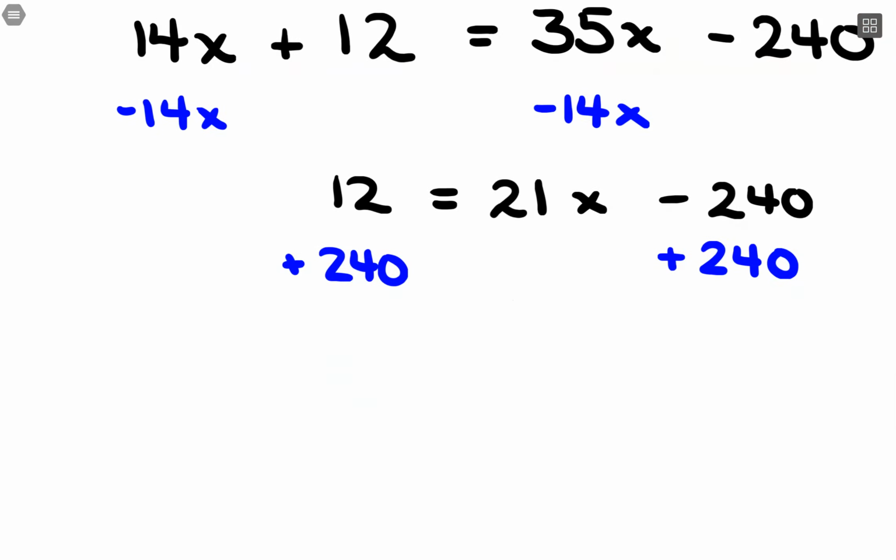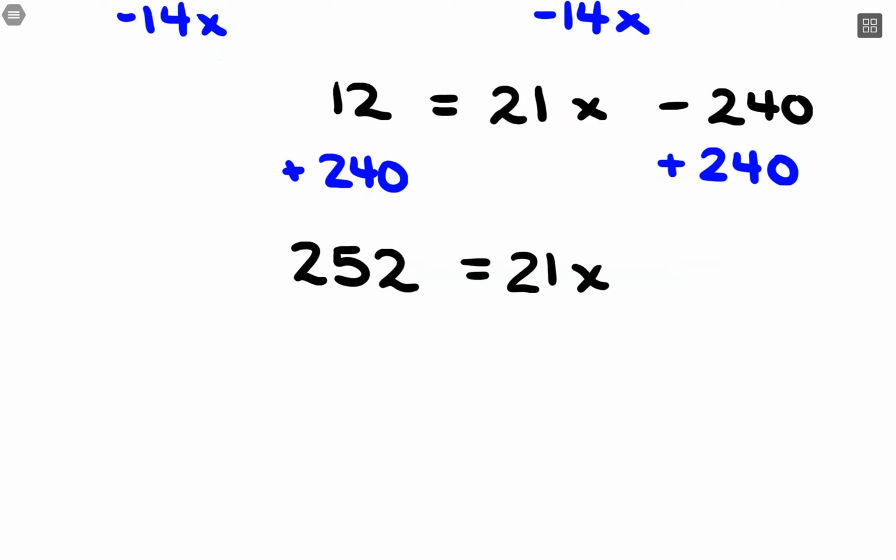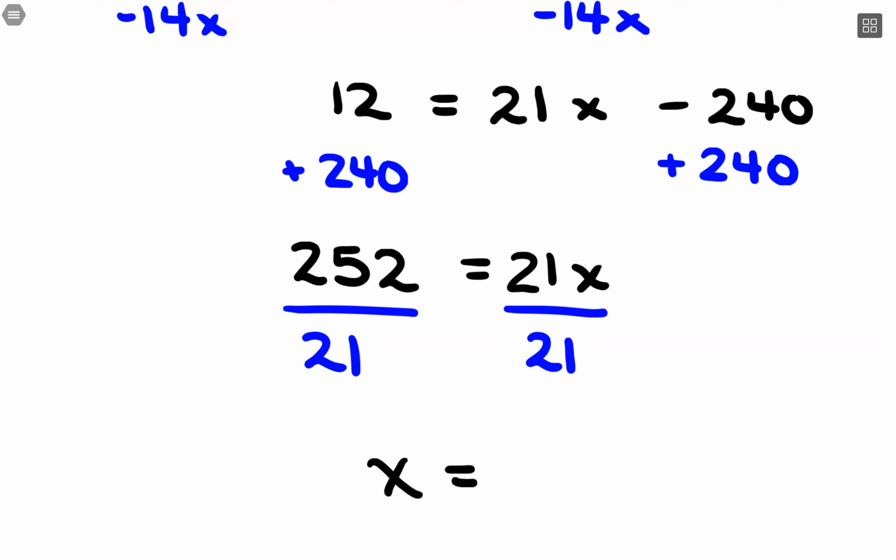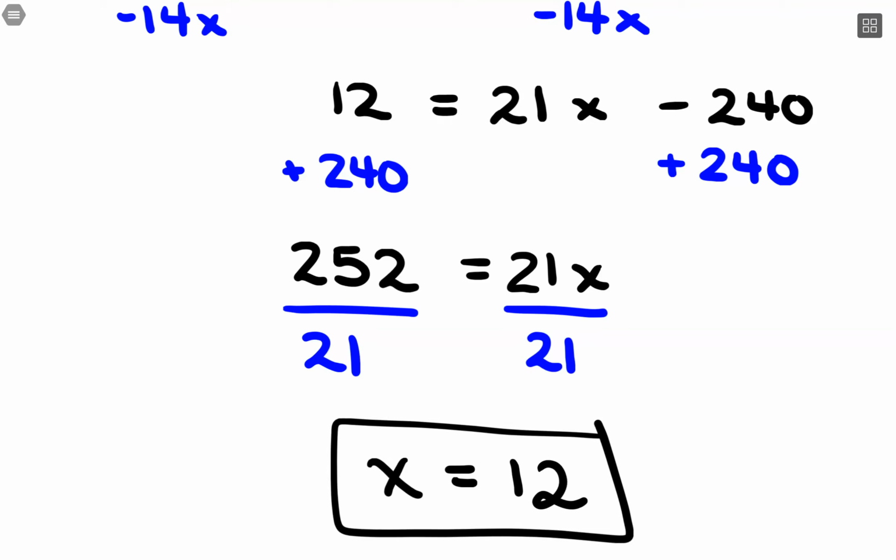So that will make this a 252 equals 21x. Then to get x completely alone on one side of the equation, divide both sides by 21. And that will give us x equals 252 divided by 21, which in a calculator should give us 12. And that would be our final answer.